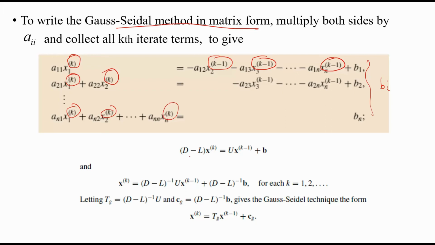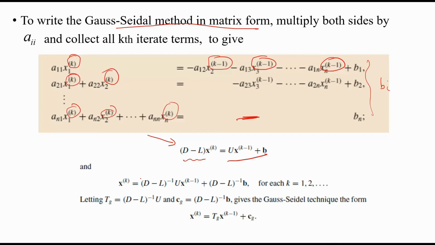So you will easily see that if we write in the compact form, this is my diagonal matrix D minus L into xk. You can see that you can write this side in the matrix form like this, and the right hand side like this.